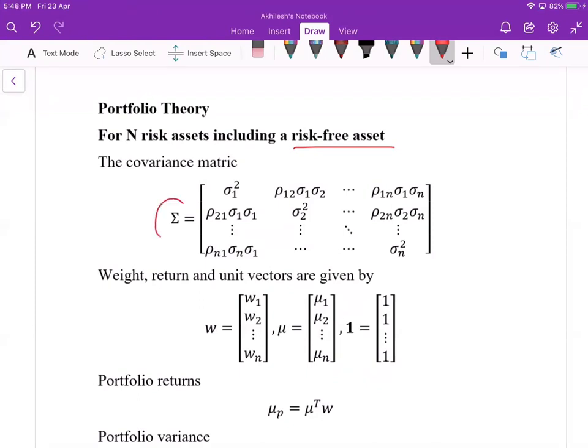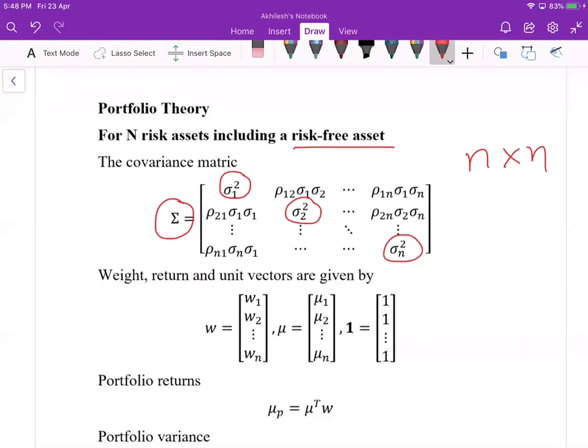The covariance matrix, sigma, is represented by n by n. This is a square matrix. The diagonal terms are the variances, and the rest are covariances. So you can call this the variance-covariance matrix or just the covariance matrix.